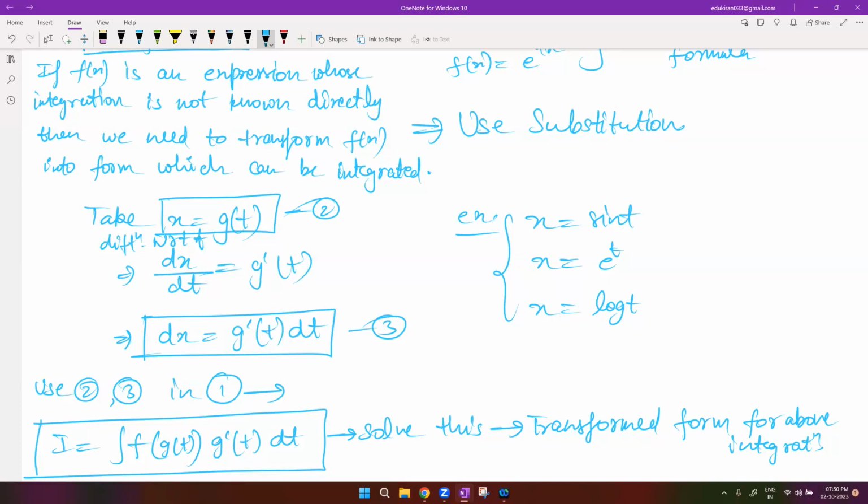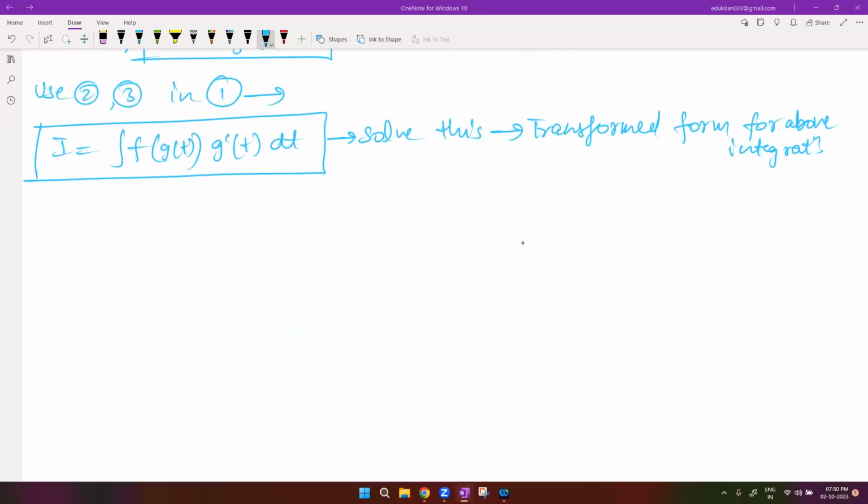Okay, tell me when. Cool. So let's try to see the application of this now.